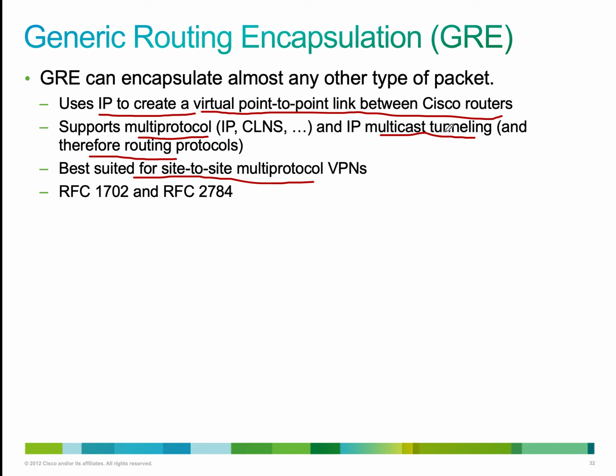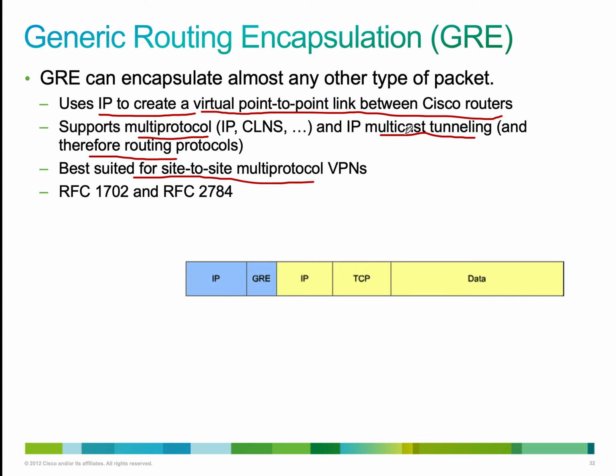So it can support multicast, not only unicast. So when what you are going to pass through the tunnel is more than unicast, because unicast is only for the IPsec protocol, if it involves multicast, then you have to use the GRE protocol. It is best suited for site-to-site. The GRE is better for site-to-site multi-protocol VPNs.